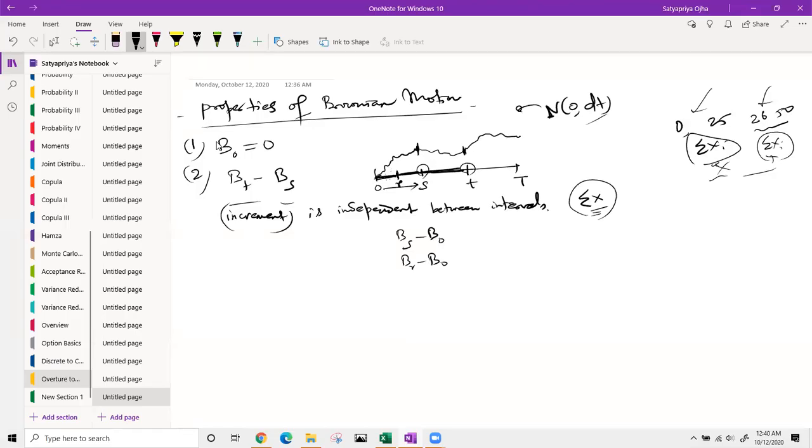All right, if this is independent, then this is independent. And what is the distribution of the increment?